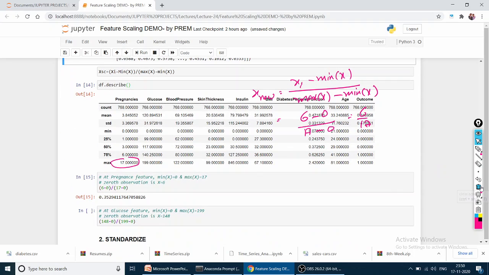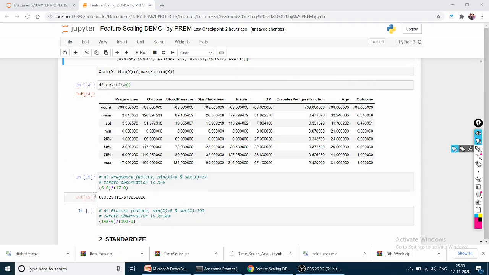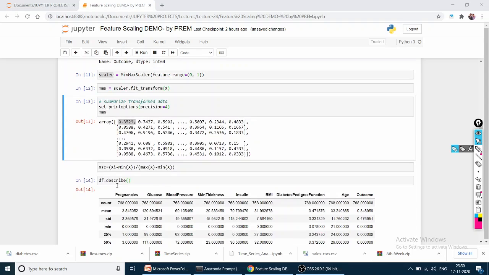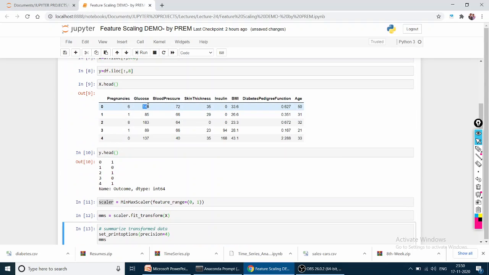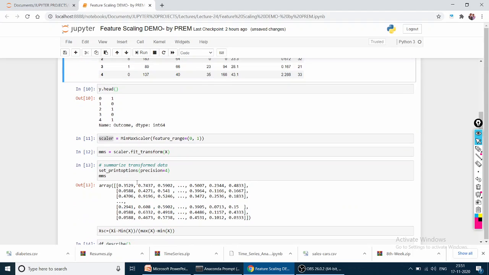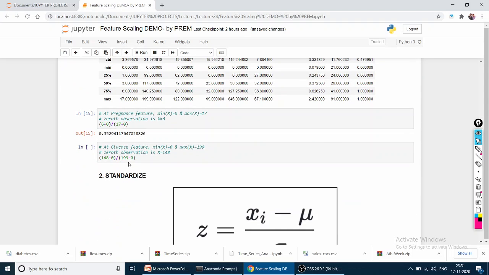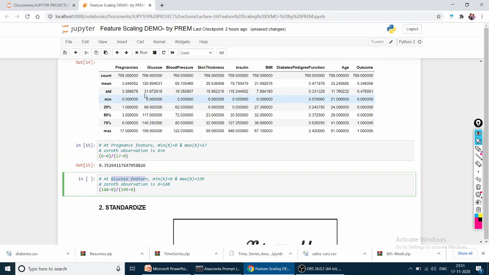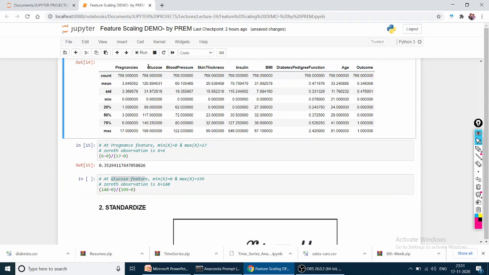Suppose I apply it to one more feature. Now I will convert the value 148 under the glucose feature. How is this 148 converted into 0.7437? Let's see. Under the glucose feature, the minimum value is 0 and the maximum value is 199.